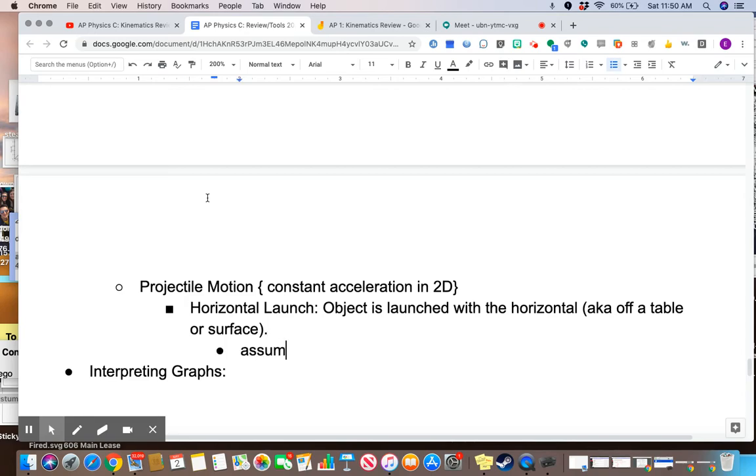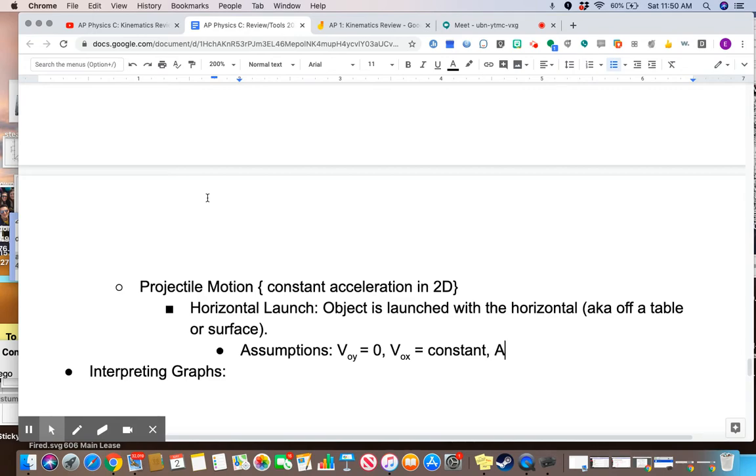The assumptions that we make when we're talking about horizontal launch: we assume that the initial velocity in the y is equal to 0. The initial velocity in the x is a constant value, and it's either given to us or we have to find it.